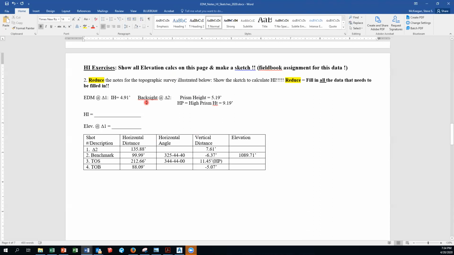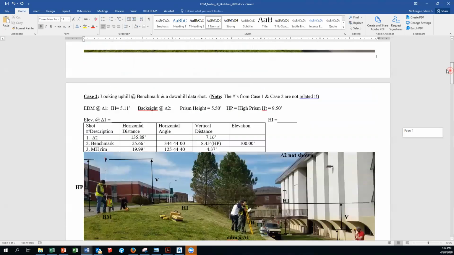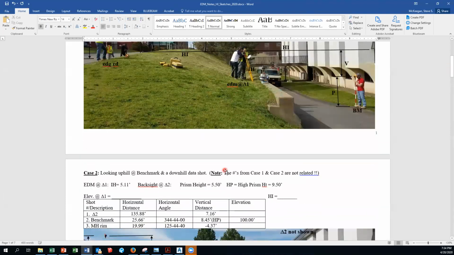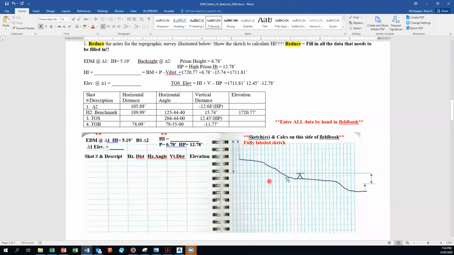If you draw the sketch and you use the Zoom from last week, because I may have screwed up the Zoom from this week, and use these photographs in relation to the sketch, all you're doing is moving from benchmark to HI via the prism height and the vertical distance. And then once you do that, you either got an uphill shot or you got a downhill shot. Okay? So work those out. We'll give you till Friday at 11:59 p.m. Gives you plenty of time.